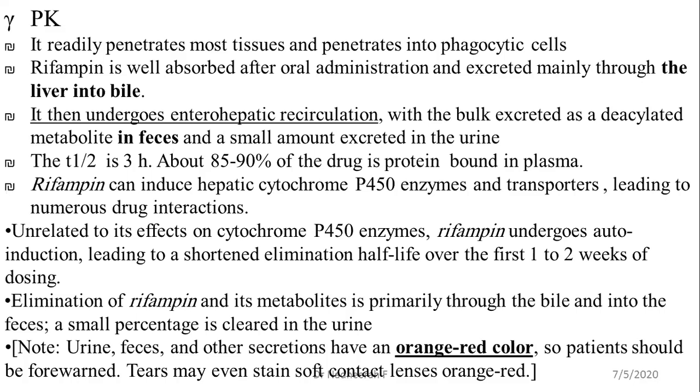About 90% of the drug is protein bound in plasma, and rifampin can induce hepatic cytochrome P450 enzymes and transporters, leading to numerous pharmacokinetic drug interactions. Unrelated to its effect on cytochrome P450, rifampin undergoes auto-induction, shortening its elimination half-life over the first 1 to 2 weeks of dosing.